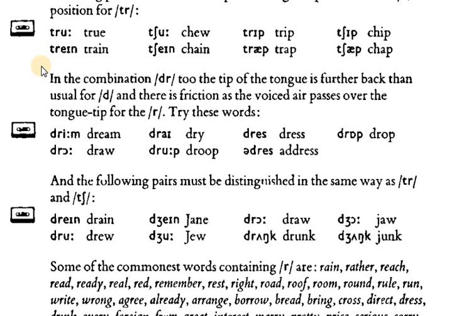Because it is followed by producing R, and for R the tongue tip is further back than in producing D. And of course there is friction, because the voice passes over the tongue tip for the R, and the air passes over the tongue tip that is ready to produce R. Try these words. For example, dream, dry, dress, drop, droop, and address.